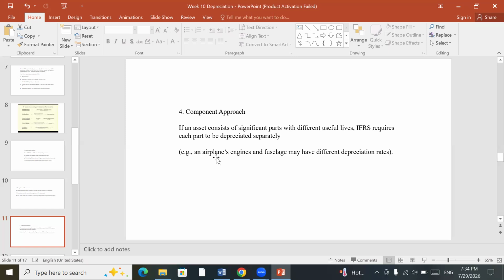For example, an aeroplane engine and its fuel parts may have different depreciation rates. The engine is broad, but parts of it may have a different depreciation method or rate. This is allowed by accounting rules and regulations, especially IFRS.